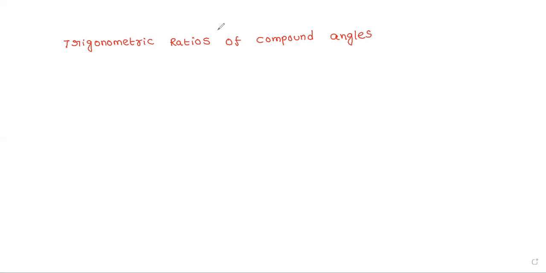So sum or difference of two or more angles are called compound angles. So what is the definition? Sum or difference of two or more angles are called compound angles.